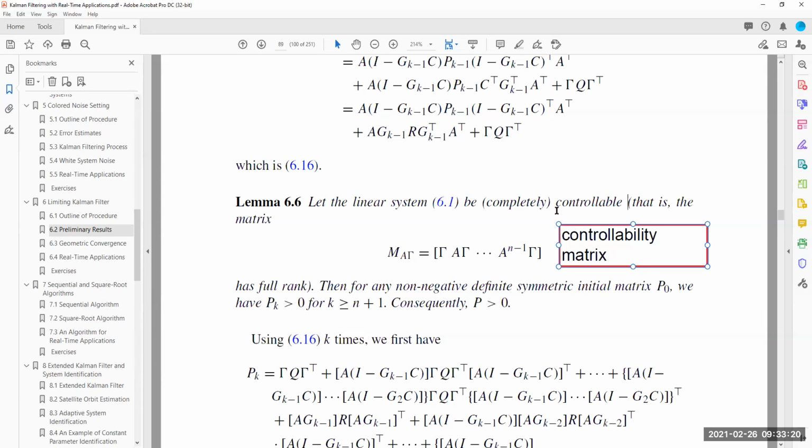So if the system is controllable, one condition is the controllability matrix is full rank, then for any non-negative definite symmetric initial matrix P0, we have PK strictly greater than 0 for all K greater than or equal to n plus 1. Then because of that, we know P is strictly positive definite, okay?